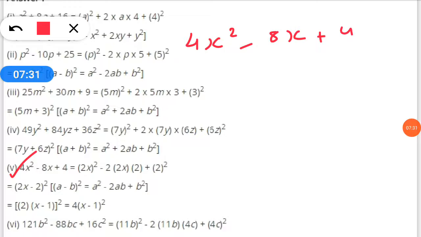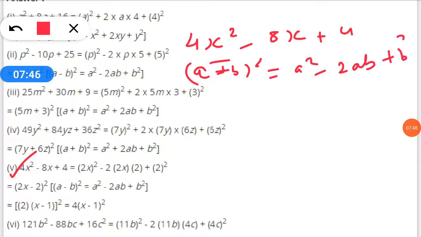Now using the identity, which identity are we going to use? We are going to use the identity a minus b the whole square, which is a square minus 2ab plus b square. Why are we using a minus b the whole square? Because the middle term is minus, that's why. So in place of a square, can we write 4 as 2 into 2?